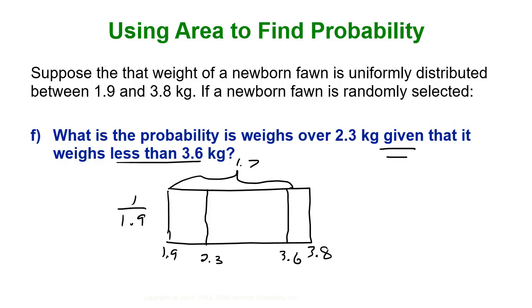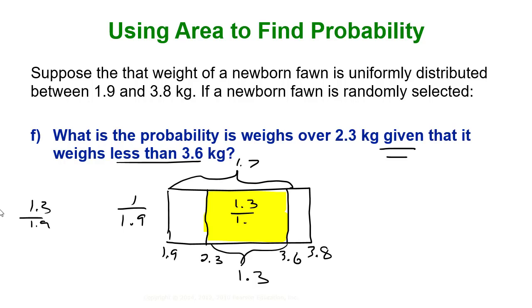So if it's over 2.3, that means we're looking for this area, which is easy to find, right? That's got a base of 3.6 minus 2.3, or 1.3. So the area of this is going to be 1.3 over 1.9.